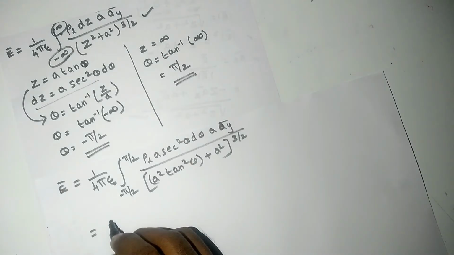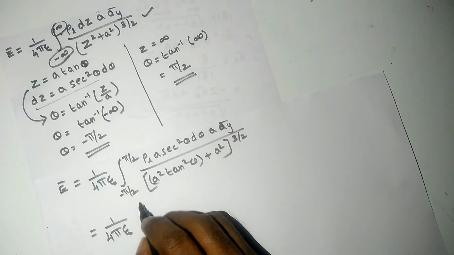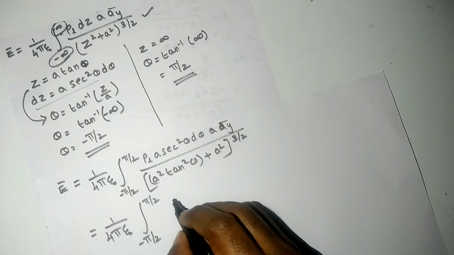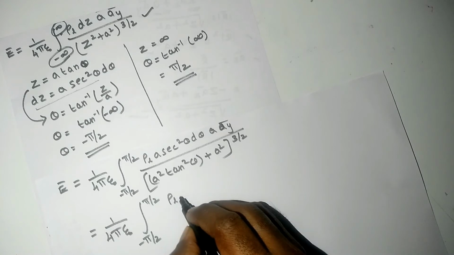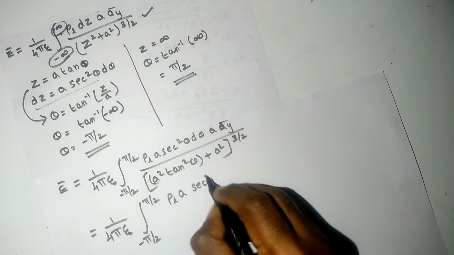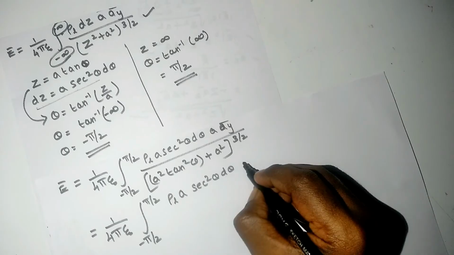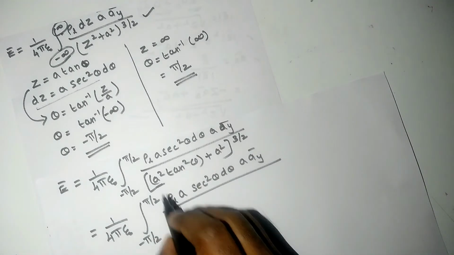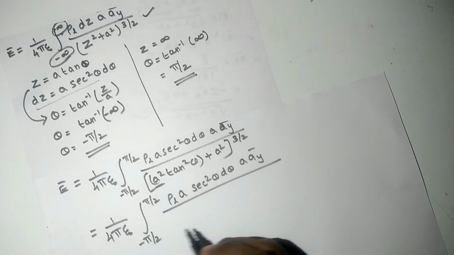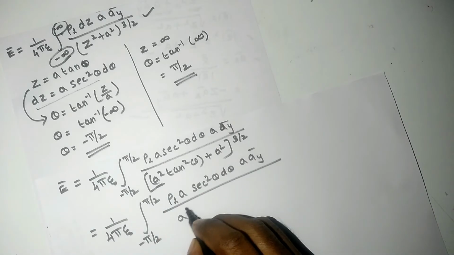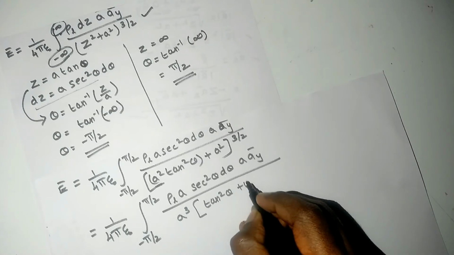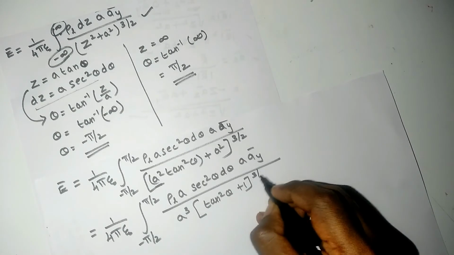This will be equal to 1 by 4 pi epsilon 0 integral minus pi by 2 to plus pi by 2 rho L a secant square theta d theta a into a_y divided by, when you take this a square outside the bracket, it becomes a cube into tan square theta plus 1 the whole power 3 by 2.